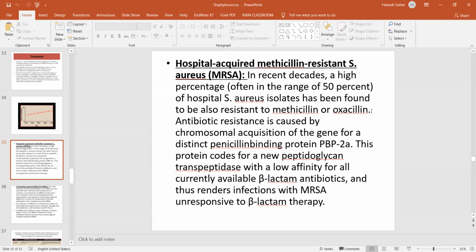According to the definition of hospital acquired infections, an infection can be classified as hospital acquired if a patient develops it after admission into the hospital, within 48 hours.